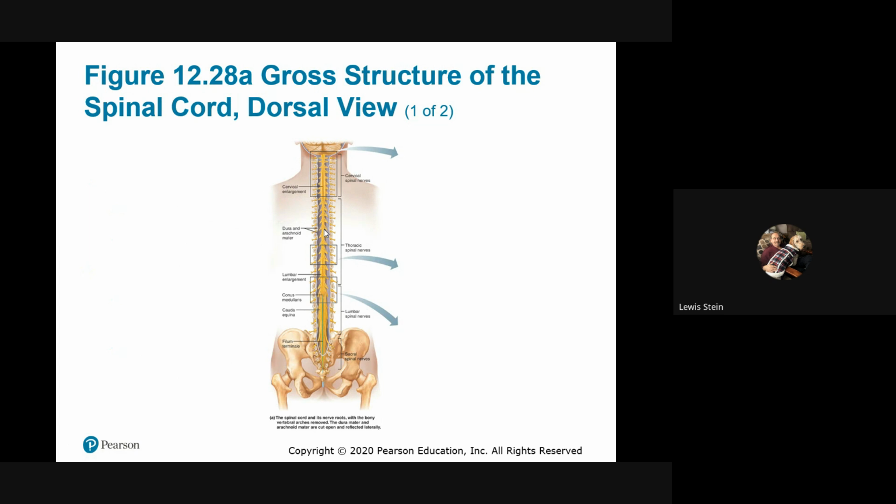No such luck here. The dura surrounds the spinal cord. There's nothing adherent to the bone. And that is also very significant vis-a-vis lumbar punctures and something that is not equivalent, which is called an epidural. And epidurals are used most famously, obviously, during childbirth.